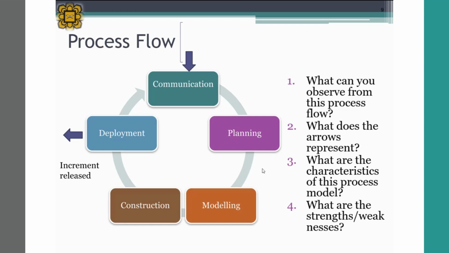Maybe a few features you implement first, maybe based on stakeholders. If you have many stakeholders, you focus on one type of stakeholder first, then you move on to the next stakeholder. That can also be considered an increment. But in general, we say that we break the big project into smaller increments so that it's easier for us to manage the project.